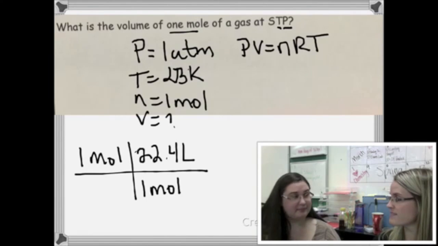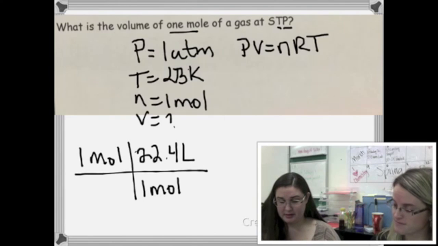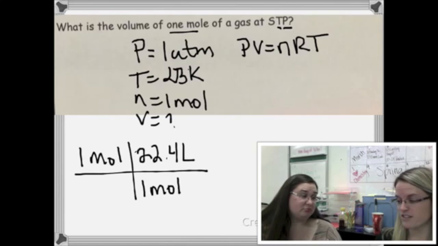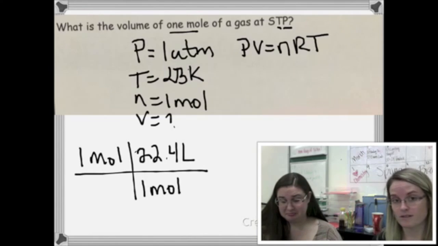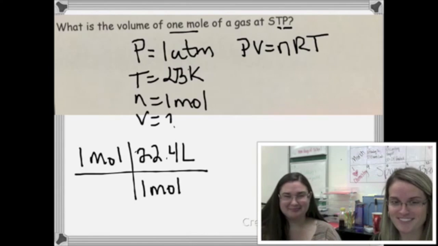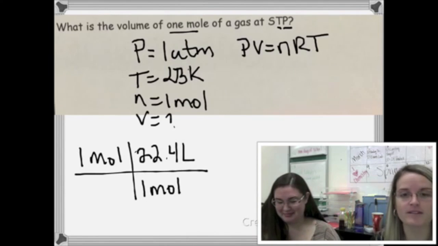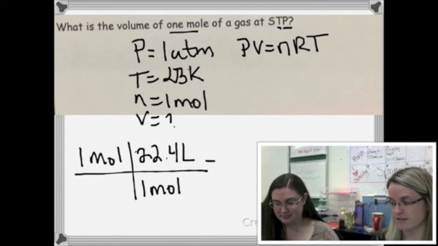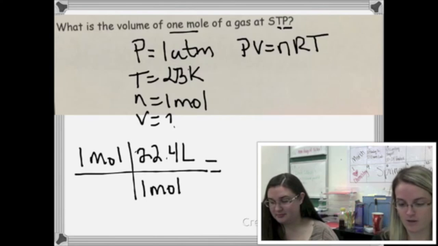Easy math. Now, do we want to solve that in the ideal gas law equation? We could, and it does equal 22.4. If you want to do that just to see if we're right or not, go for it. But take our word, we're going to do the shorter step. Okay, let's go on and try another one.